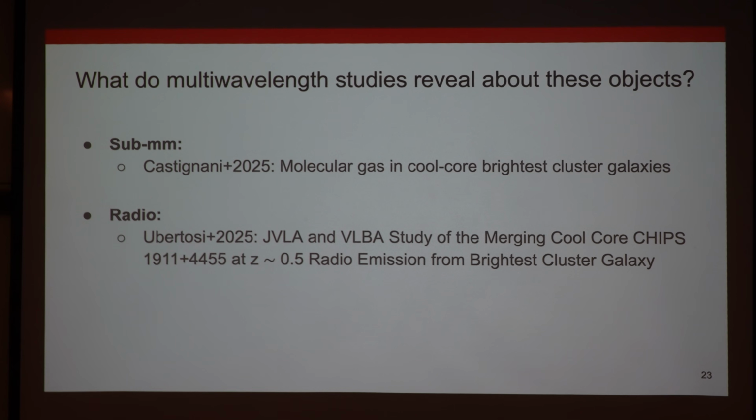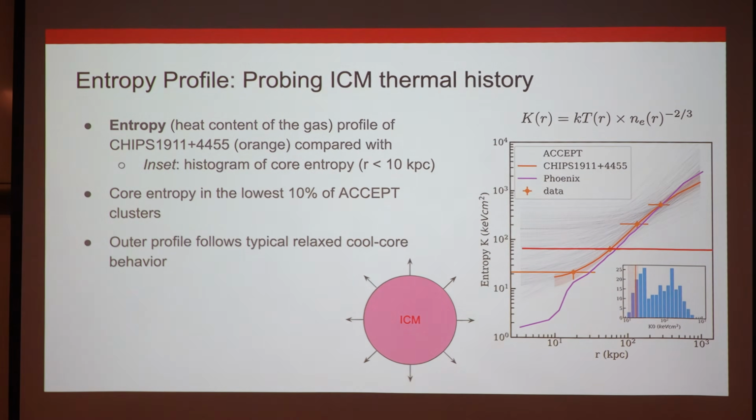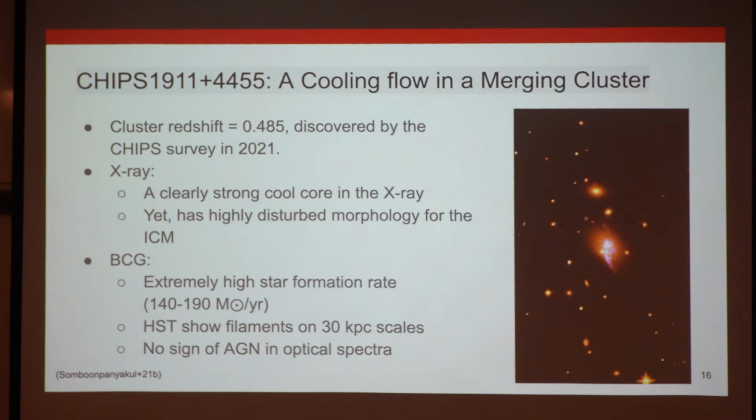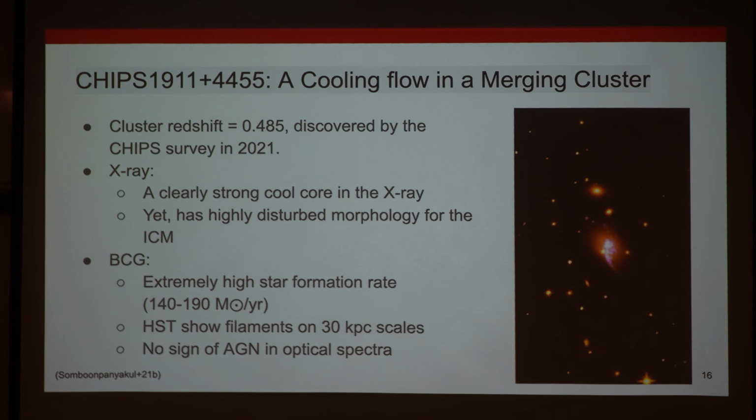How did you find this system? Ooh, good question. The CHiPS survey started from X-ray point sources. In the past, a long time ago, the ROSAT catalog created point source and extended source lists. All the extended sources are galaxy clusters, and all the point sources were called AGN or compact objects.